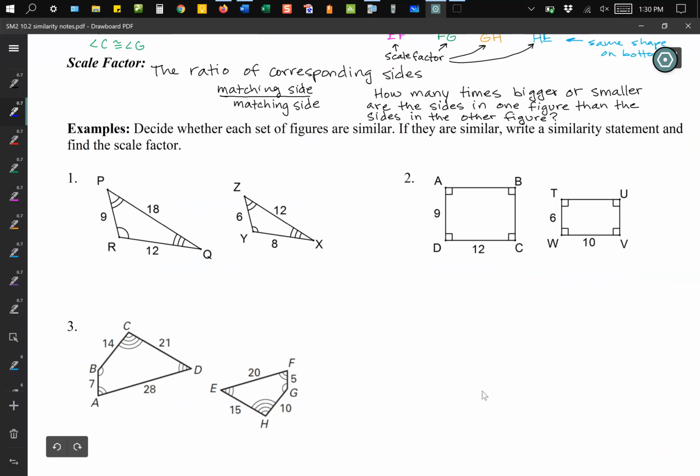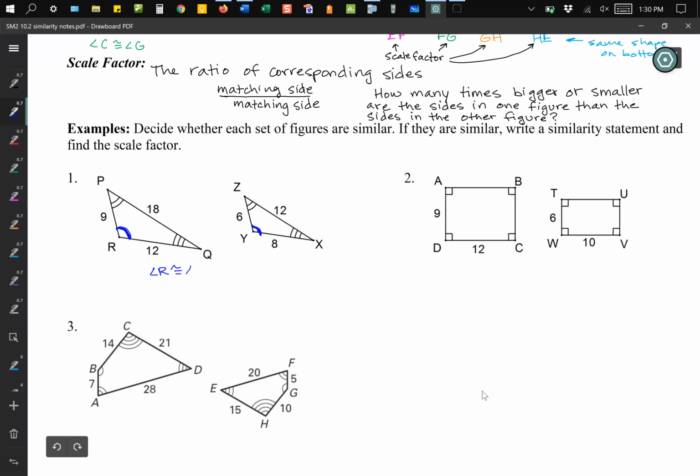So let's go ahead and look at these. The first thing I'm going to do on example 1 is look for 3 sets of angles. And that's pretty easy because they're marked. So I've got angle R is congruent to angle Y. I need to list these.